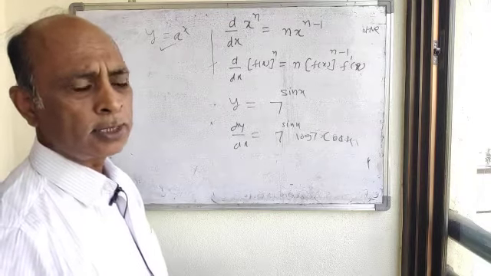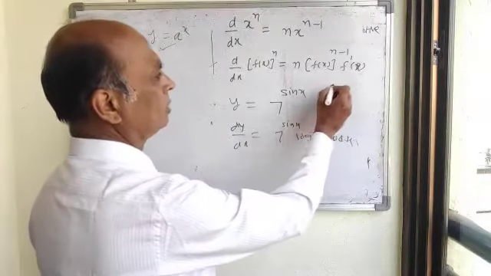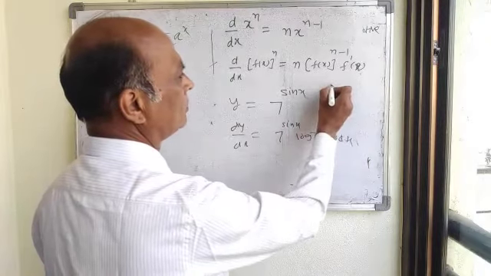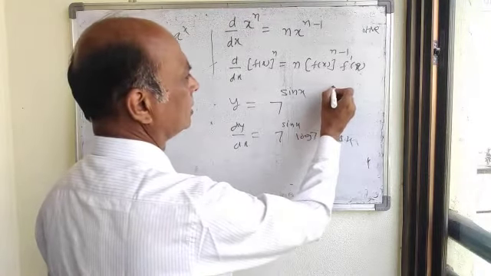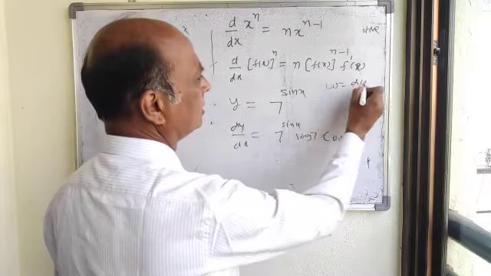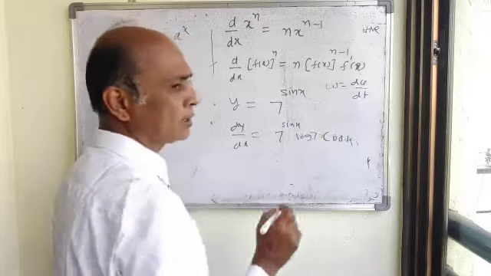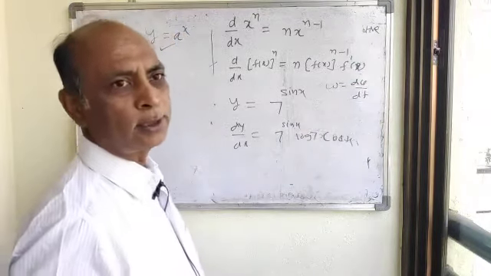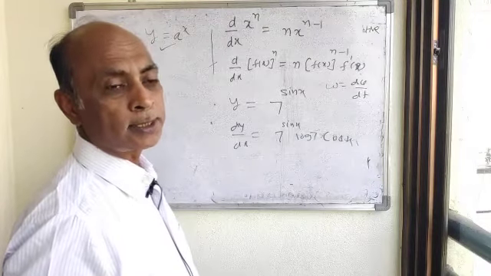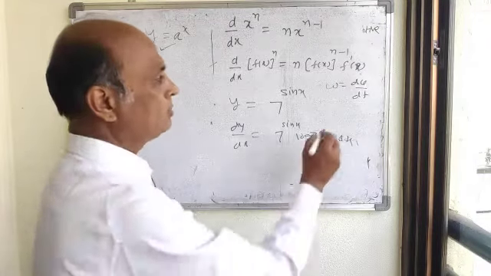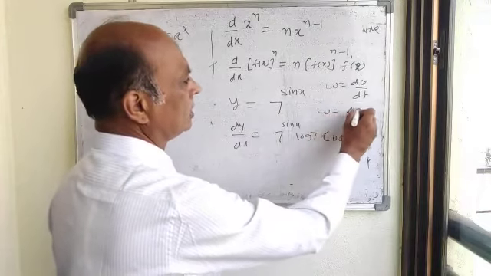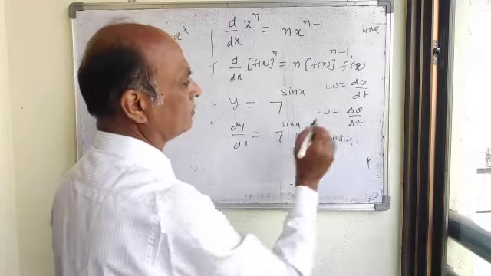For example, angular velocity is omega, that is d theta by dt. That is the instantaneous angular velocity. Average means delta theta by delta t.